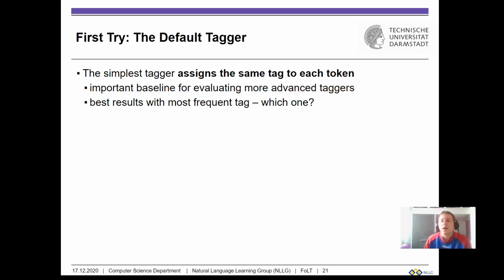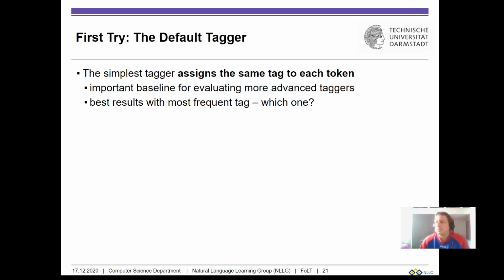Let's assume your boss or your supervisor, your professor, is asking you to implement a part of speech tagger, and you come up with a very complicated solution. And you say, okay, I get an accuracy of 35%, or in 35% of the cases my tagger is correct.